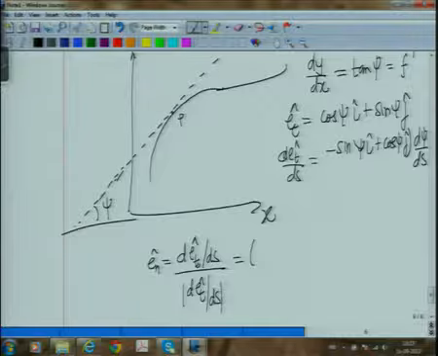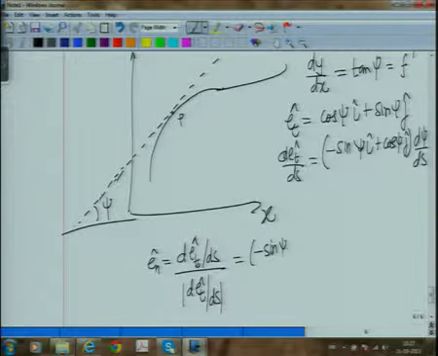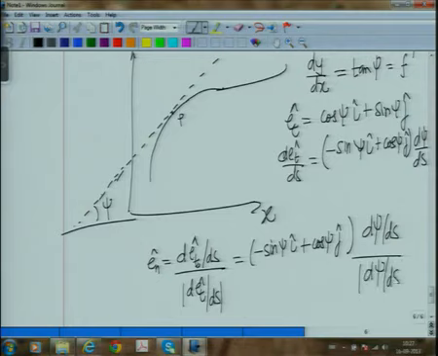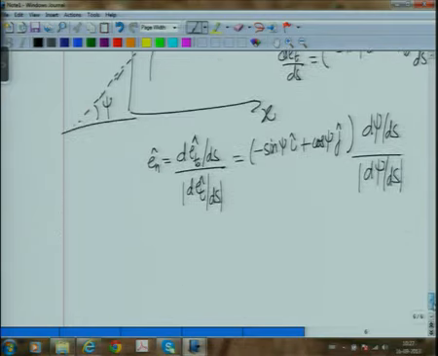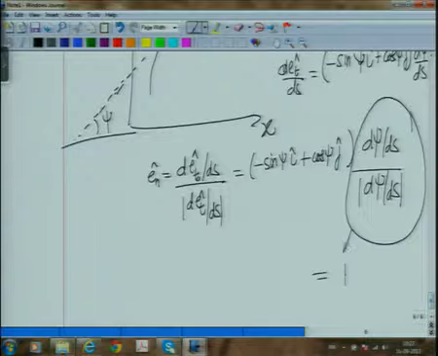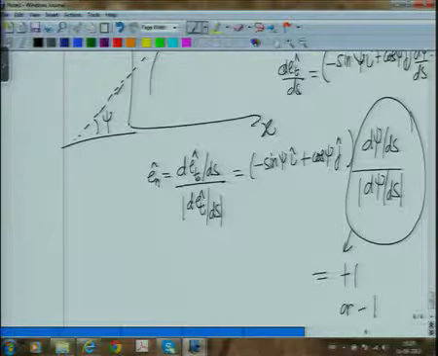So this will be equal to minus of sin psi i plus cos psi j times d psi by ds divided by magnitude of d psi by ds. And this quantity which I have will be either plus 1 or minus 1. Anything divided by its magnitude will be either plus 1 or minus 1.